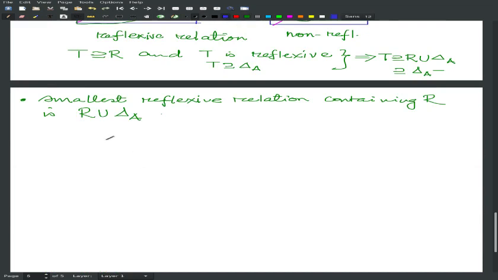Let's try and see. Symmetry can still be given a pictorial depiction. Now, how do I get the inverse?